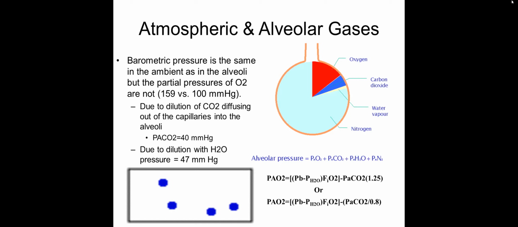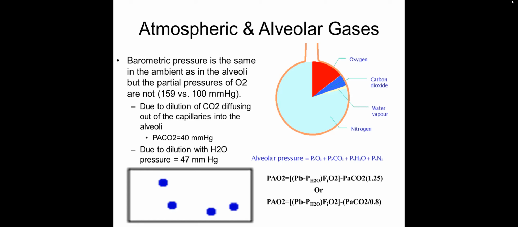But the difference lies in the independent partial pressures of each gas. So atmospherically, outside of your body, oxygen partial pressure is about 159 millimeters of mercury. But in the alveoli, it's 100 millimeters of mercury.